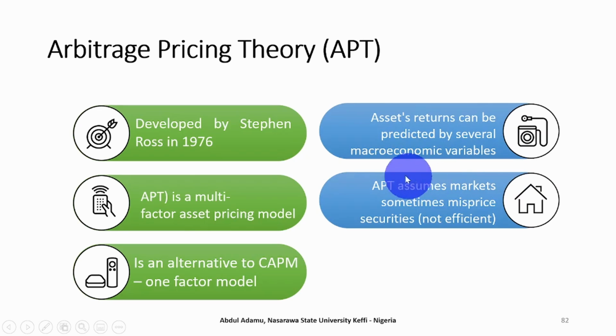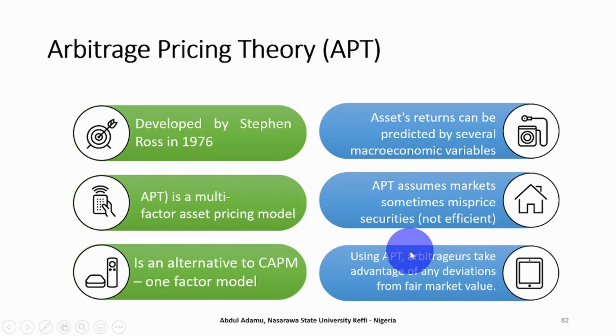So the assumption is that the market sometimes misprices securities. That is, the market is not efficient. That means an arbitrageur can take advantage of this deviation to buy at a lower price and sell at a higher price.